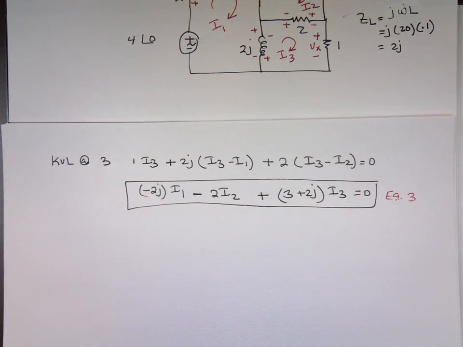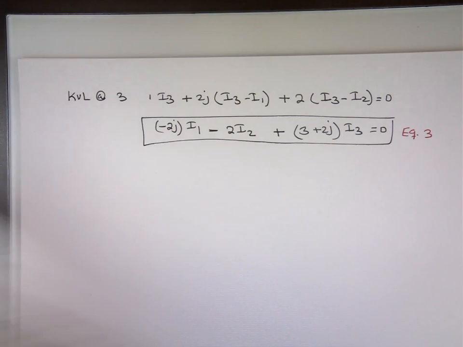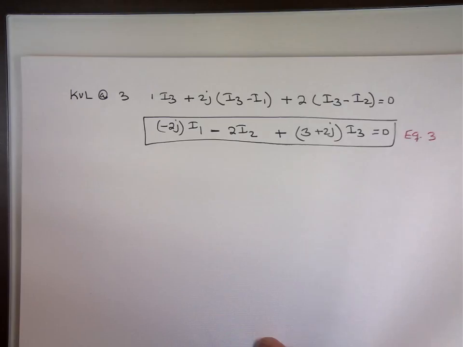You can solve them any way you want to. So let me take the 3 equations now and write them down nice and neat on one page, so I don't have to flip back and forth through a couple of pages.